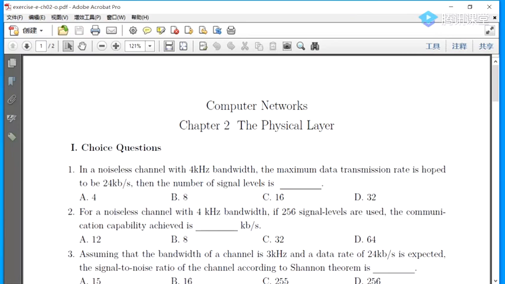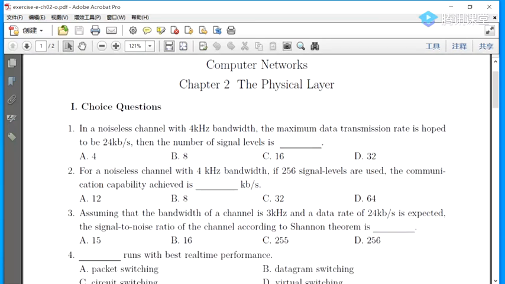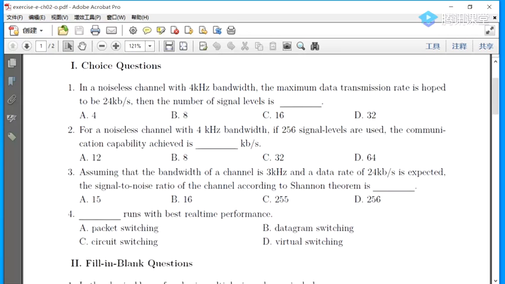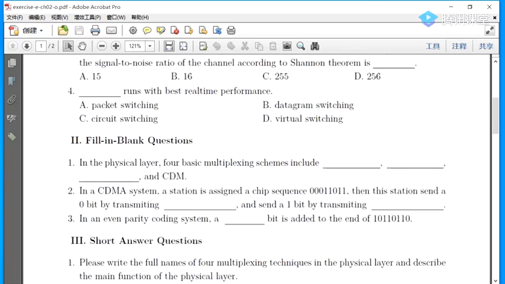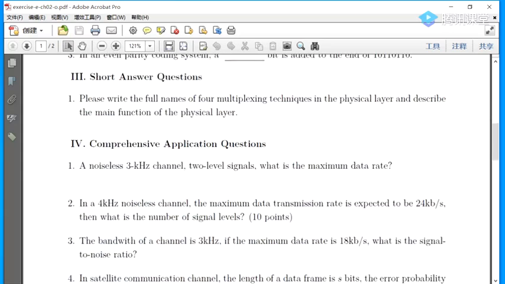Today we will have an exercise class for chapter 2. I have these questions: choice questions, fill in blank questions, short answer questions, and comprehensive application questions.